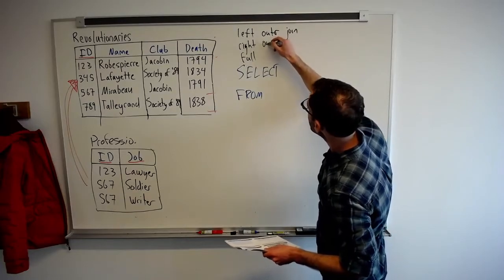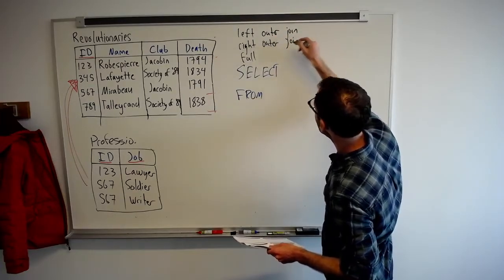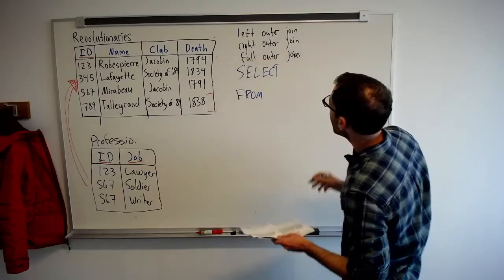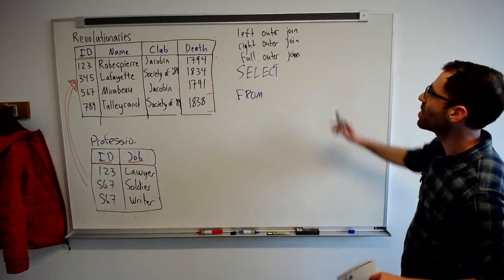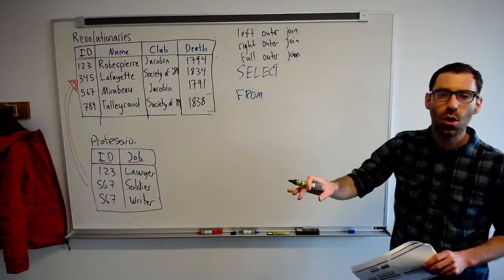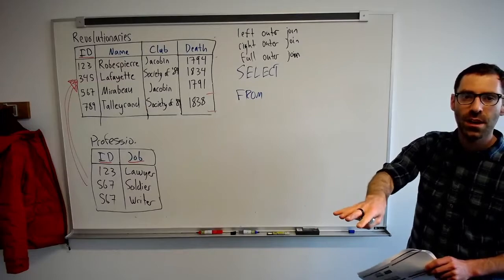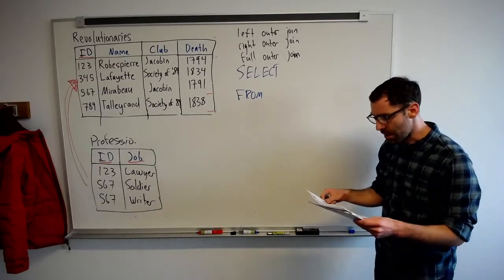So we have left outer join, right outer join, full outer join. And what this says is a left outer join says include all the tuples from the left table, even if they don't appear in the right.